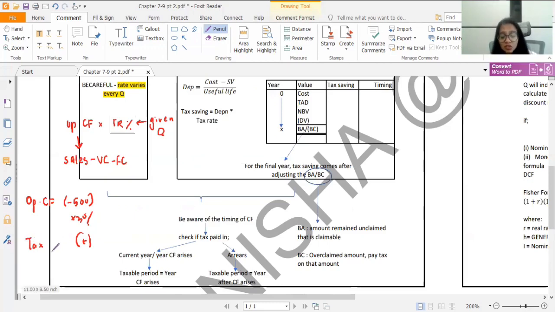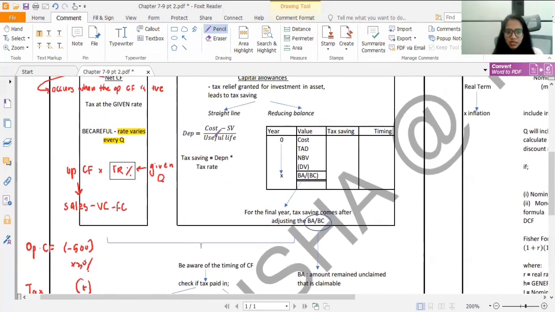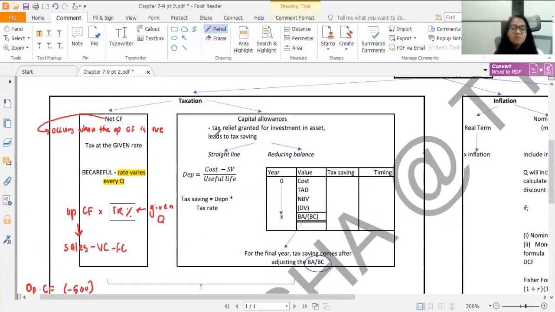Because when your company has losses, you will have a tax benefit where you have the tax saving on your company losses. Okay, so these are the only things relating to the cash flows. There shouldn't be anything else, all right? Okay, in terms of the cash flow.